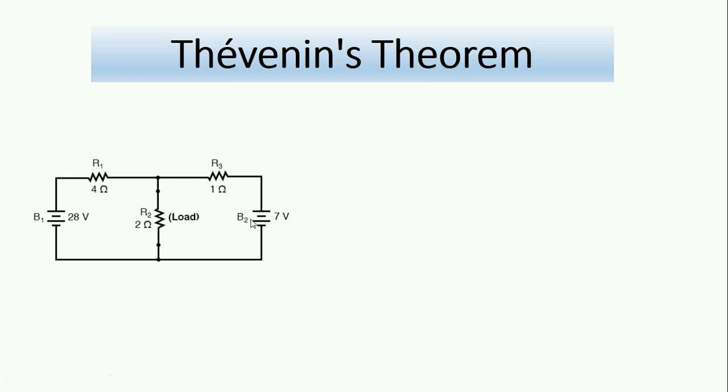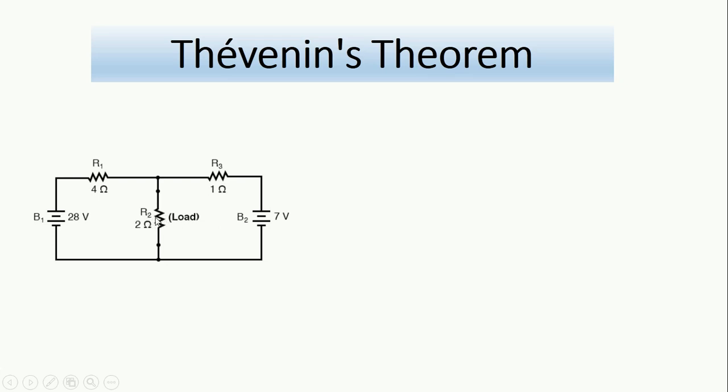So why do we come to Thevenin's theorem or Norton's theorem, as we'll see later? Well, the point is, if we have a complicated circuit and we need to calculate the voltage across our load, we know that the voltage across our load will always be subject to different calculations every time we change the value of this load.